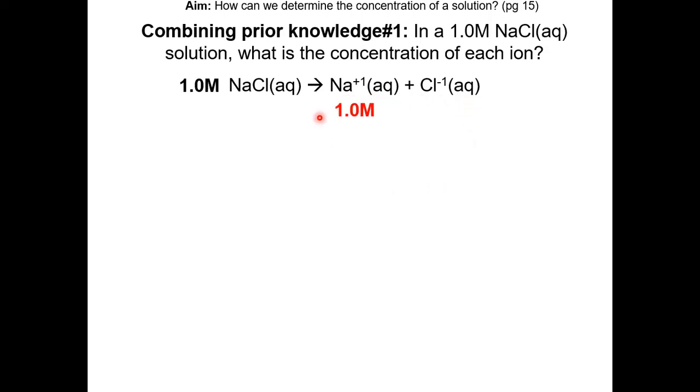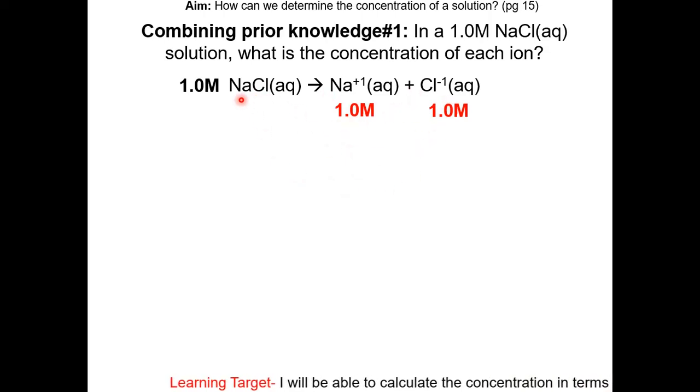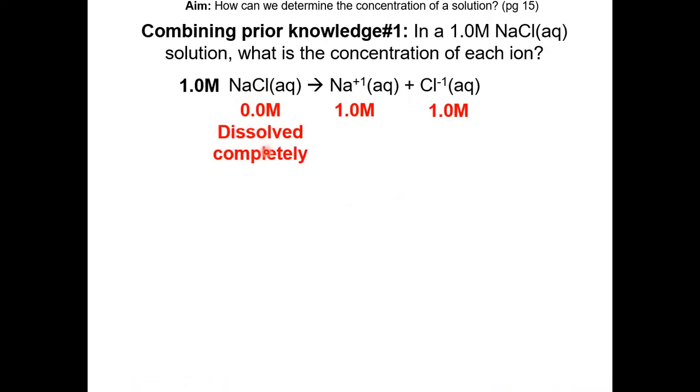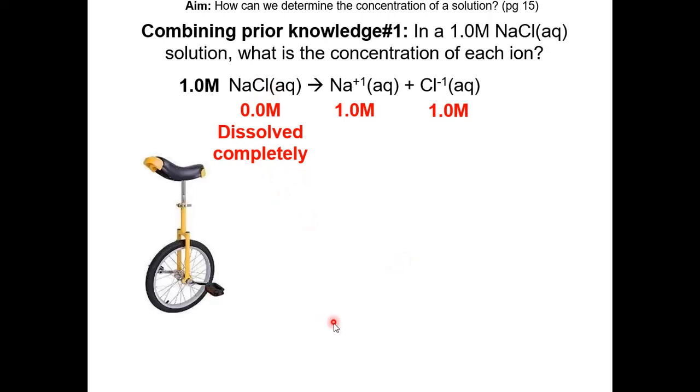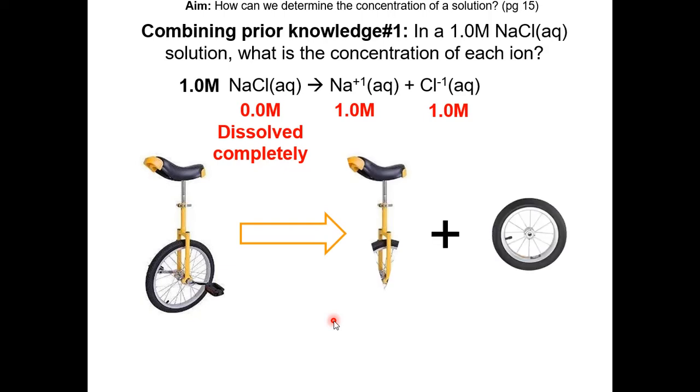There's 1 molar of each ion, because everything is 1-to-1 if you look at the chemical equation. Since NaCl has dissolved completely in solution, the solution no longer contains Na and Cl bonding together. An analogy would be if a unicycle broke apart into 2 pieces. The unicycle represents the NaCl, and each part represents an ion.